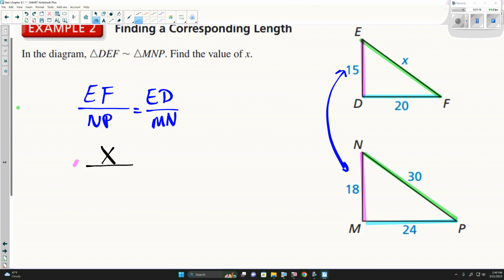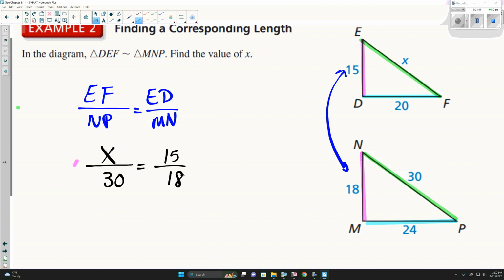In P, its corresponding side is NP, 30. So X over 30 is what we have, yes? So I chose ED, which is 15. And MN is 18.